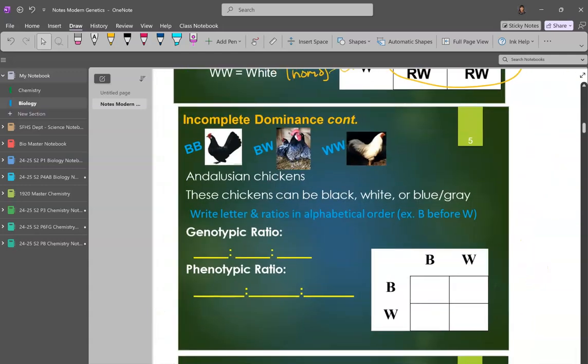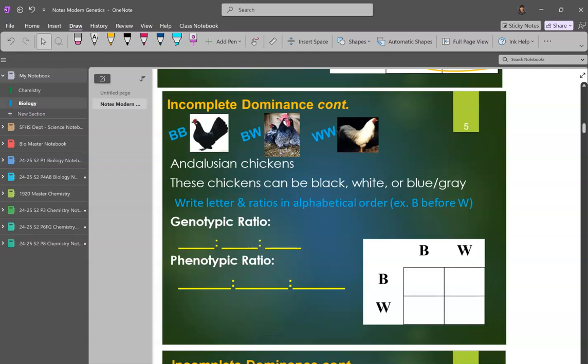So here's another example. For chickens, we can have black, white, or black and white. If you have both the black and white trait, we call this an Andalusian, and it's like a blue-gray color as far as the chickens look.